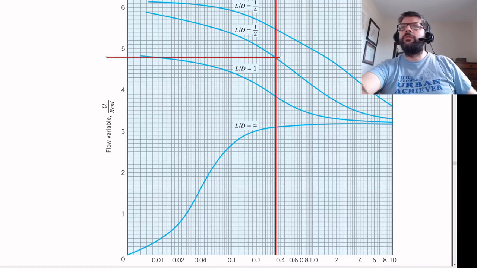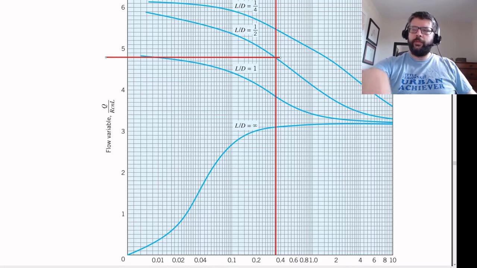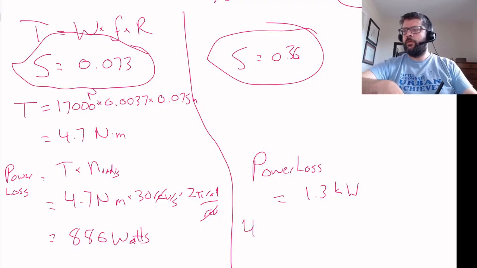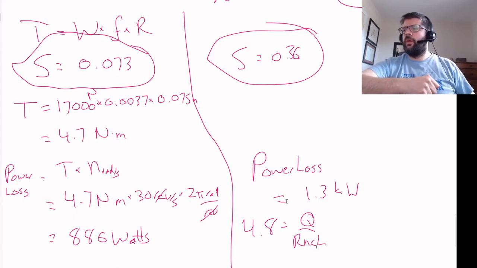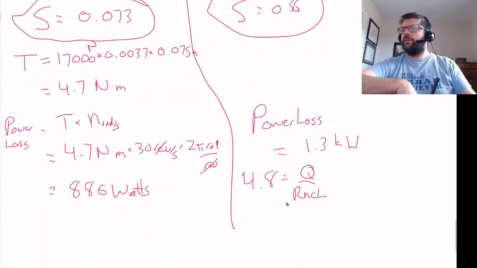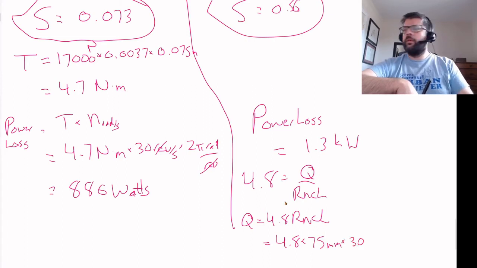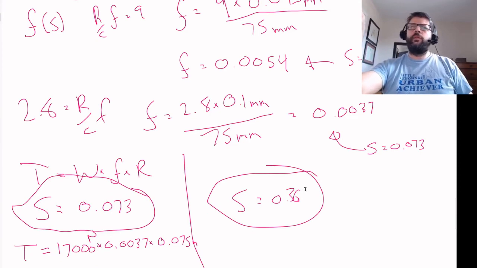That one looks to me to be 4.8. 4.8 is going to be our flow variable, and that is equal to Q over R N C L. So solving for Q, 4.8 times 75 millimeters times 30 per second times C. The C that corresponds to that one is 0.045.